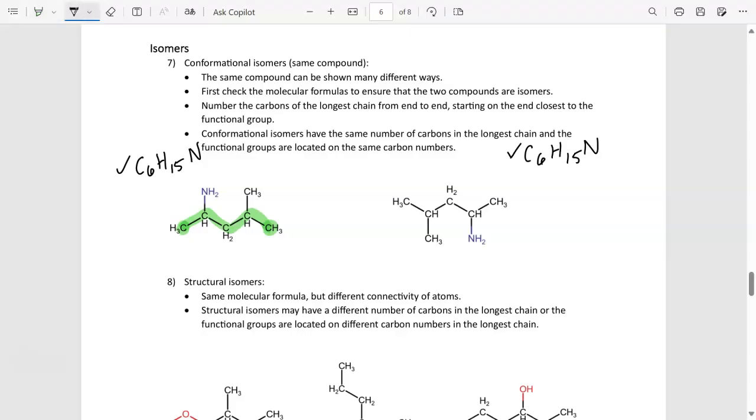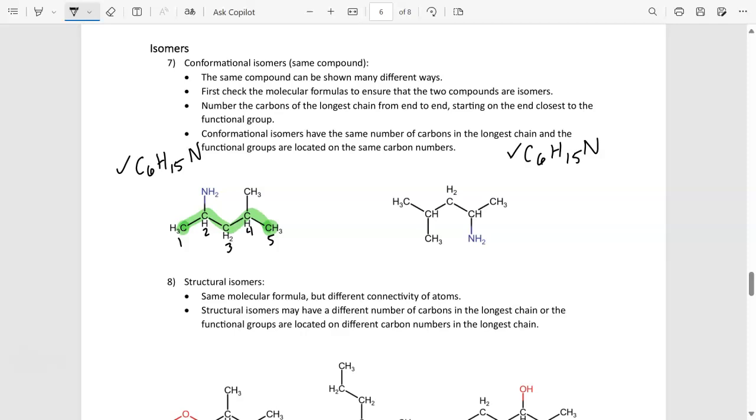Then next, I'm going to number those carbons, starting on the side that has the functional group. On the second carbon, I have a nitrogen, and on the fourth carbon, I have a CH3, a methyl group is what we call that.